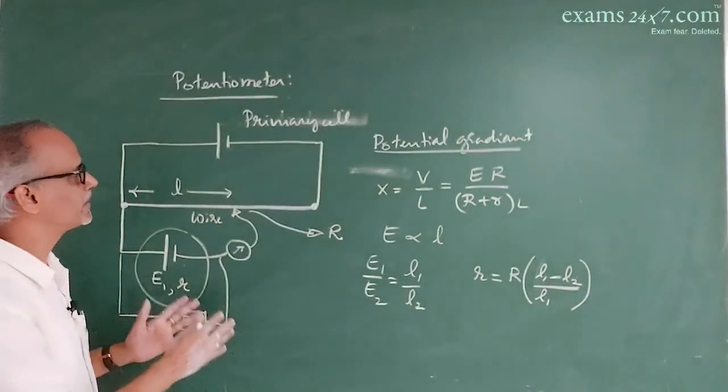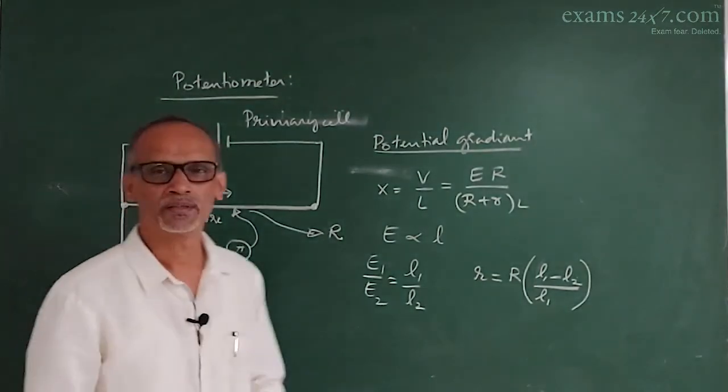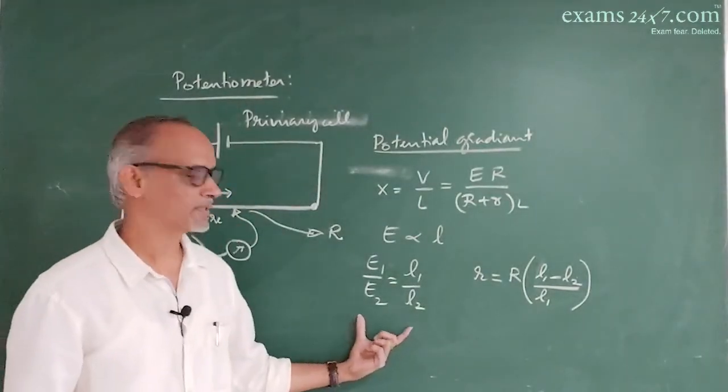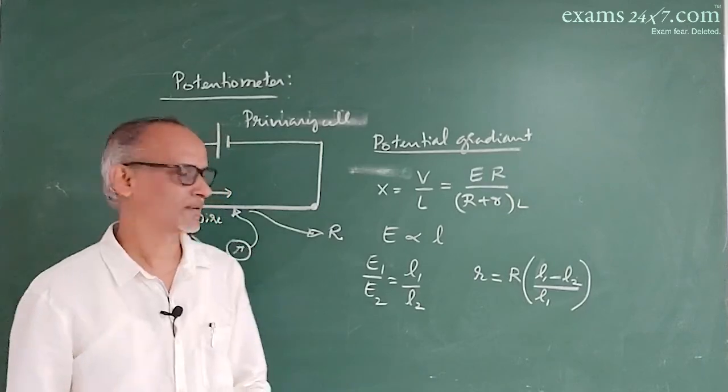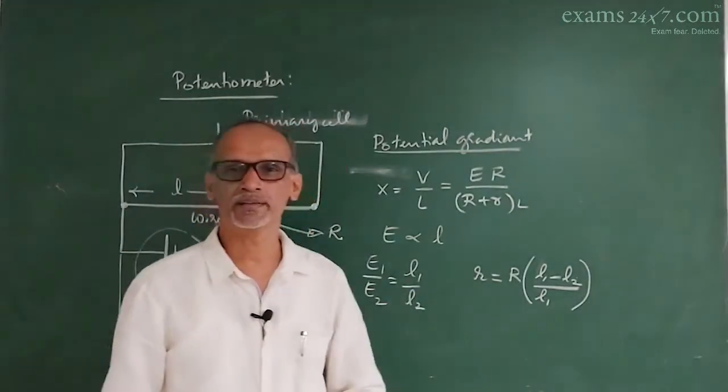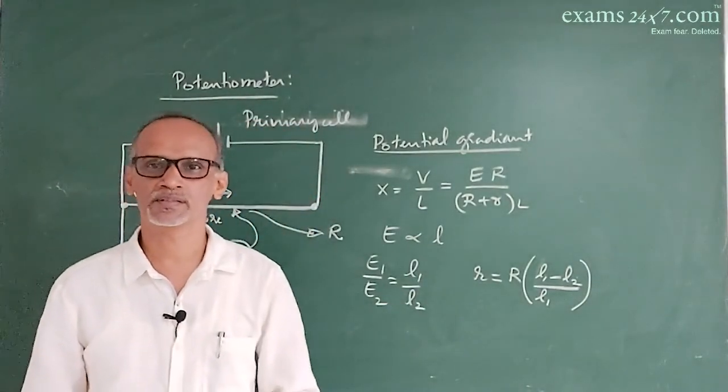So therefore, the main use of the potentiometer is one, comparison of the EMF of the two cells, and the other to find the internal resistance of the cell.